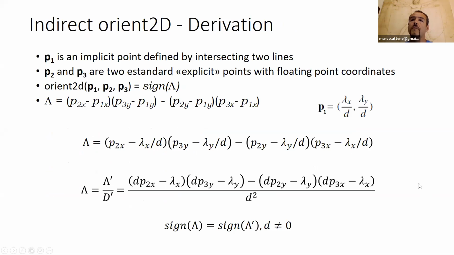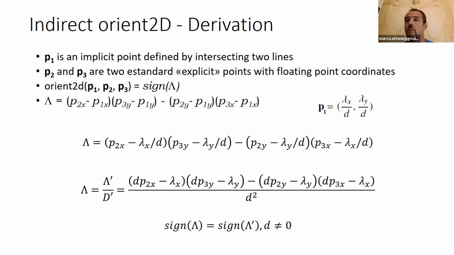And well, this is the core insight of my contribution. The idea is to compose the expression of the predicate with the expressions of its implicit parameters, thus leading to another expression, which is representable as a fraction of two polynomials. And to find the sign of such a fraction, we just need to compose the sign of the numerator and the sign of the denominator.